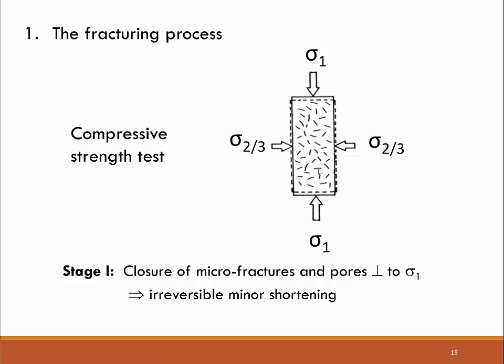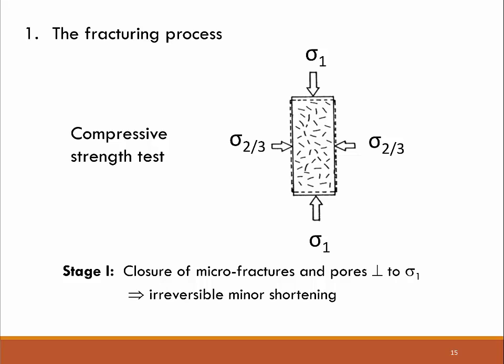Whatever opening and whatever pore space exists in this orientation will be closed. And that is a first stage of irreversible minor shortening. If there is no pore space and only very limited or no microfractures in that orientation perpendicular to sigma 1, stage 1 simply is irrelevant.